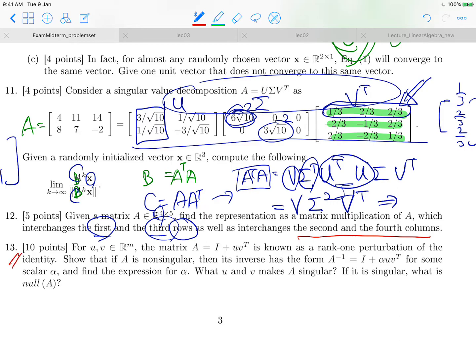the last one. I think this is quite an interesting problem. Did anyone solve this problem? Anyone solve this problem? Anyone? Really? No. Okay.